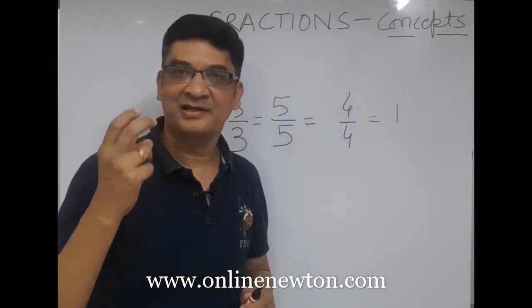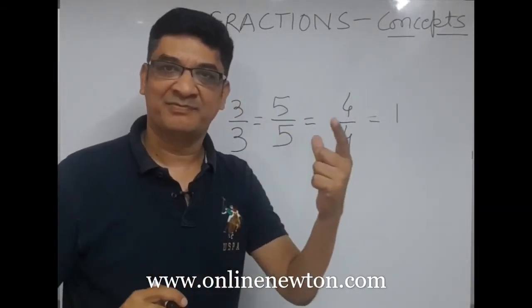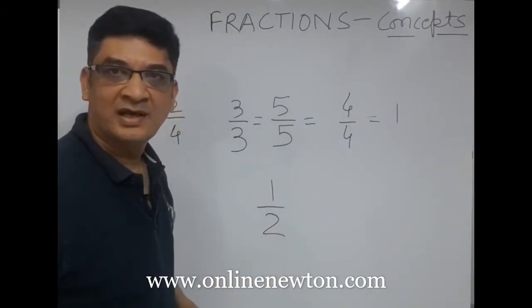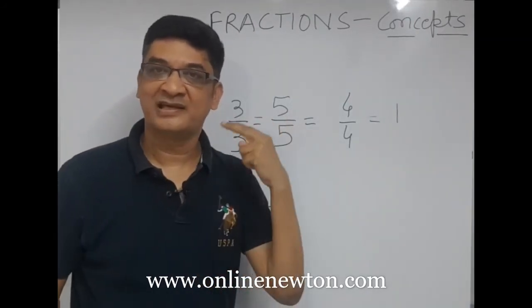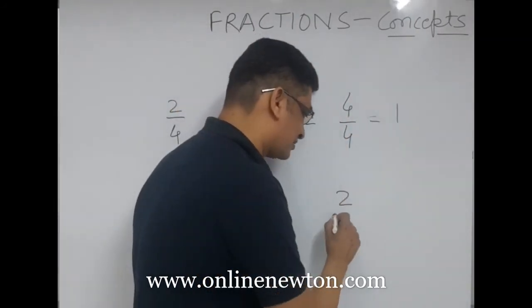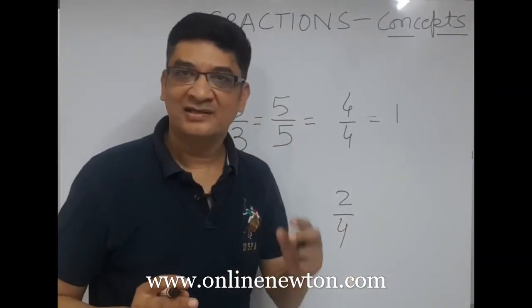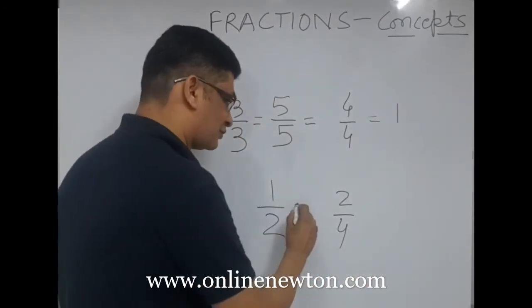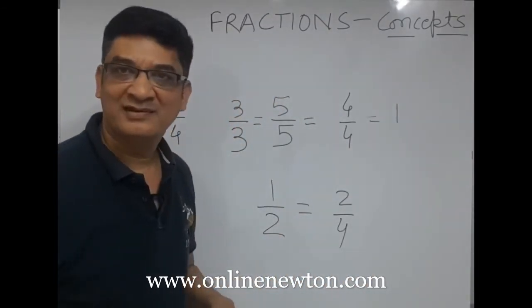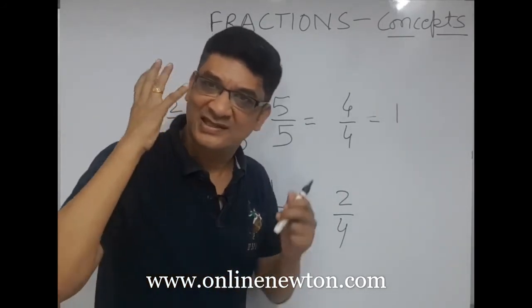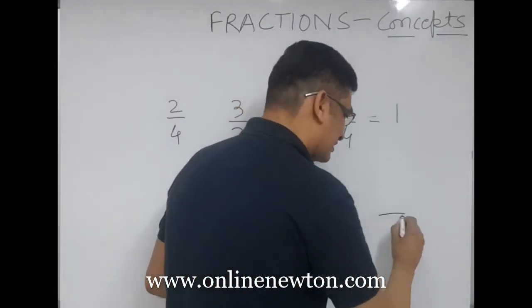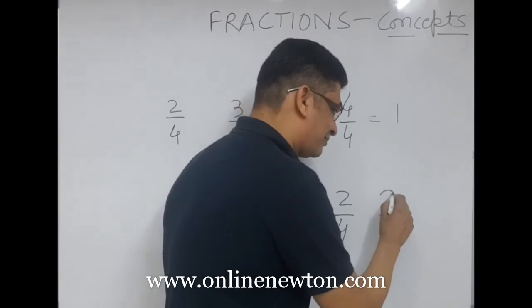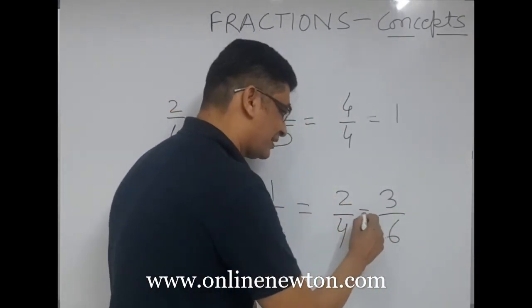Initially when we cut the apple into 2 equal parts and we gave her one part, it was represented as 1 by 2. And when the apple was cut into 4 parts and we gave her 2 parts, it was represented as 2 by 4. But actually this quantity 2 by 4 was same as 1 by 2. Same thing happens when the apple is cut into say 6 equal parts, and we give her 3 parts, that 3 by 6 was actually same as 1 by 2.